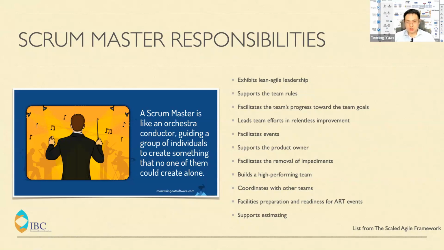So facilitates the removal of impediments and builds a high-performing team, coordinates with other teams. In large-scale Agile, we are a team of 11, but there are many other Agile teams working towards the same solution. So Scrum Masters need to liaise with, work together with other Scrum Masters to ensure that we know what the dependencies are. Probably Team A needs to depend on Team B to complete certain tasks.